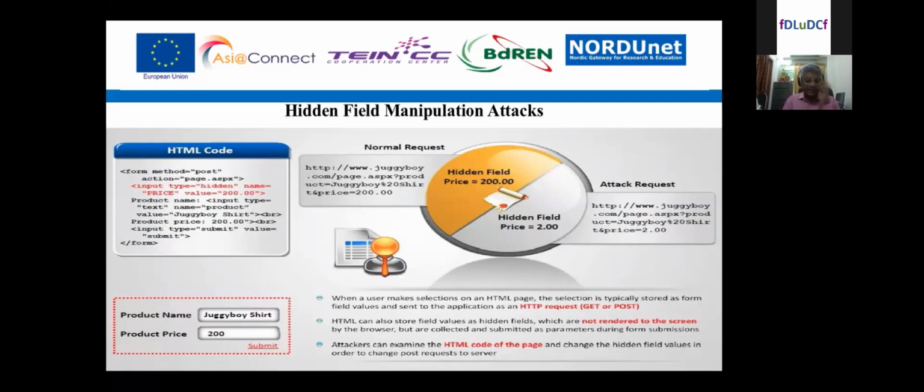In the HTML code, for example, from the input form you are getting the information: Jackie Boy shirt, and then price equal to 200. In the HTML code you see input type hidden, name price, value equal to 200.